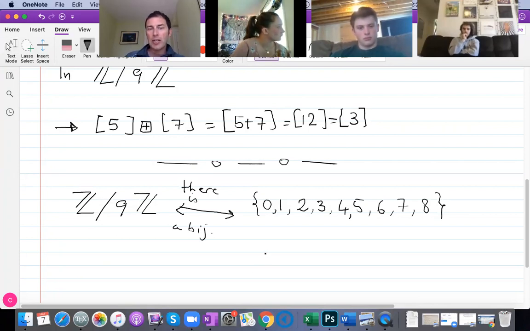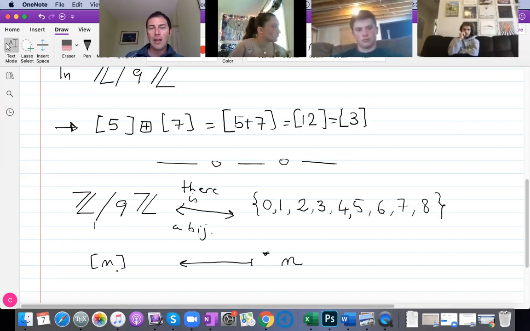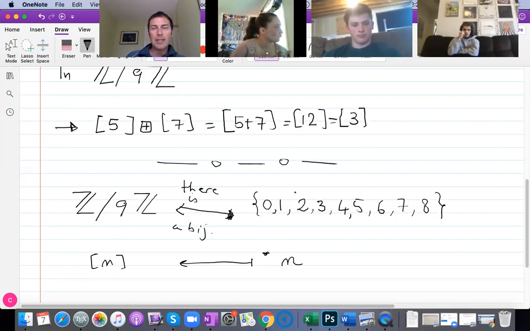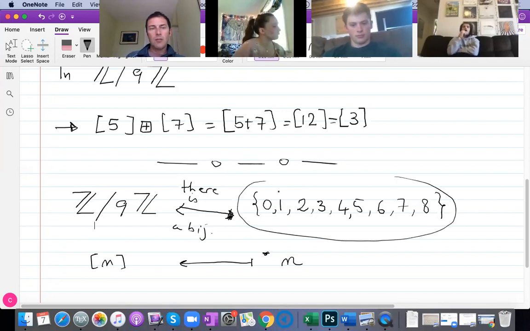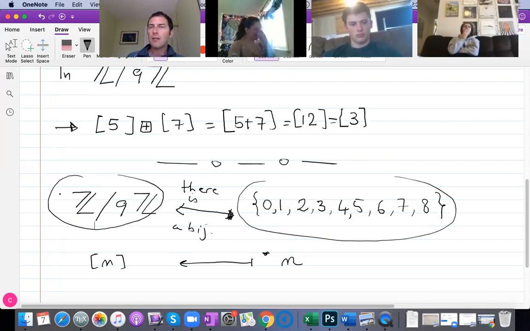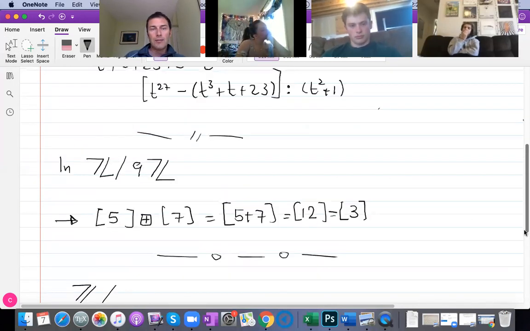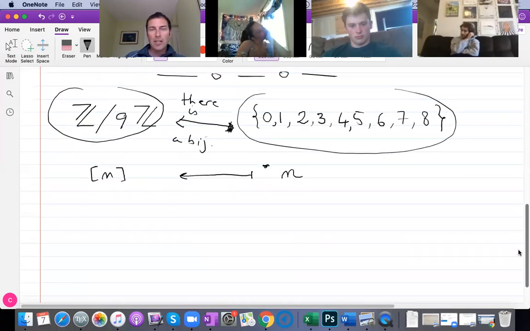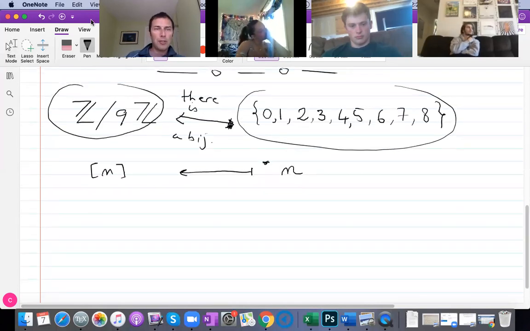How is this bijection going to work? It's pretty simple, because to the number n, you can associate the equivalence class of n. And so this gives me a function from this set to this set.